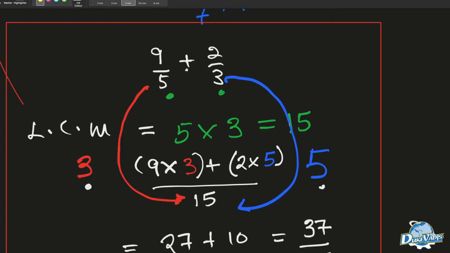As you all can see, it's basic. This 5 goes into 15 3 times, so we put 3 here, and 3 goes into 15 5 times. We did our simplification and got 27 plus 10, which was 37/15.